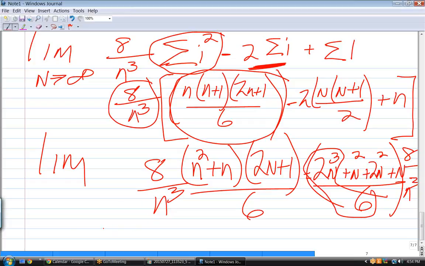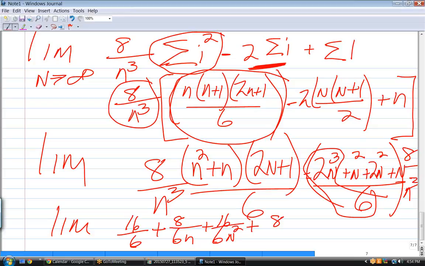So my final answer is going to be the limit of 16 over 6 plus 8 over 6n plus, and it doesn't really matter what the numerator is, 16 over 6n squared plus 8 over n cubed. I got one too many terms there. It's those two terms right there.